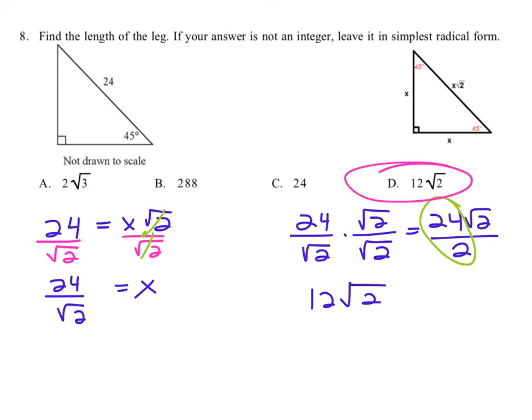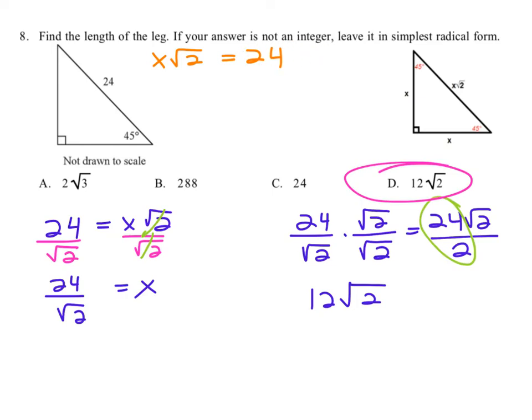If you said we need x root 2 to equal 24, wouldn't it be really convenient, if we're going to divide both sides by root 2, if this 24 was written in such a way that there was a root 2 to be canceled out?